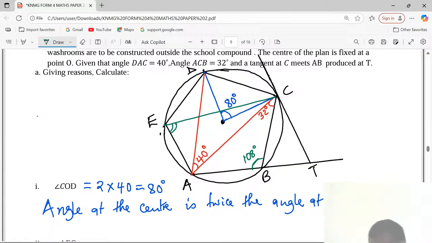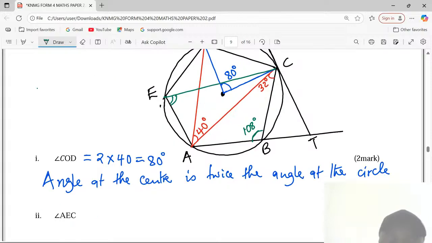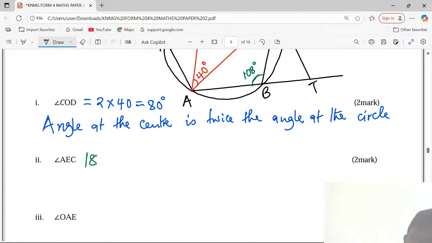In a cyclic quadrilateral, opposite angles are supplementary. Therefore, the angle at E and the angle at B are supplementary. So I take 180 minus 108. This gives me exactly what? 72 degrees.